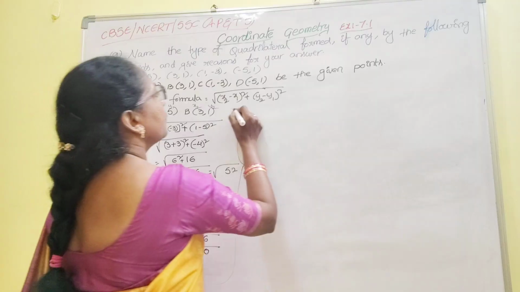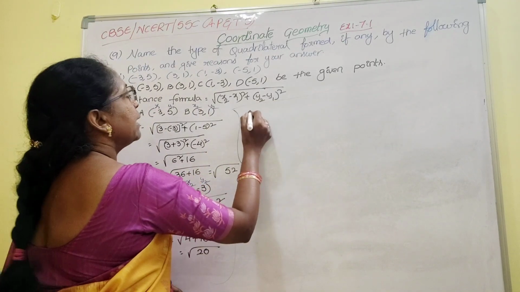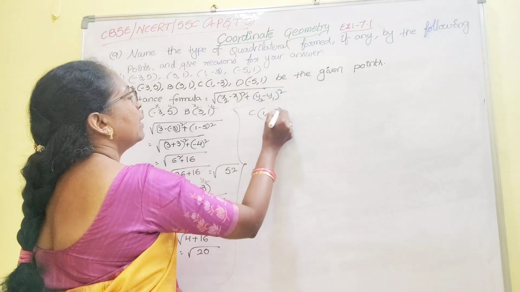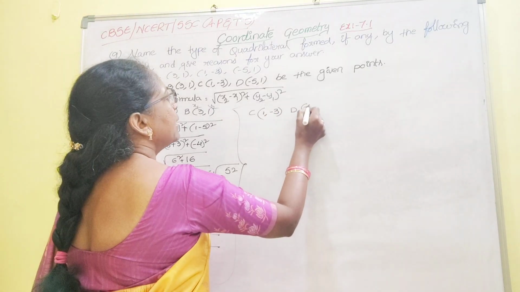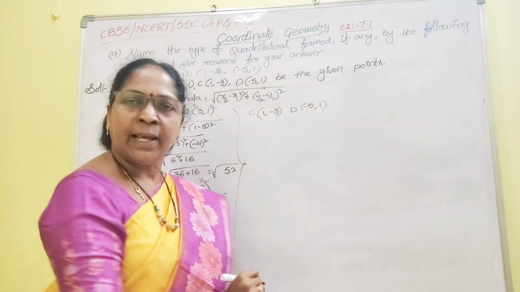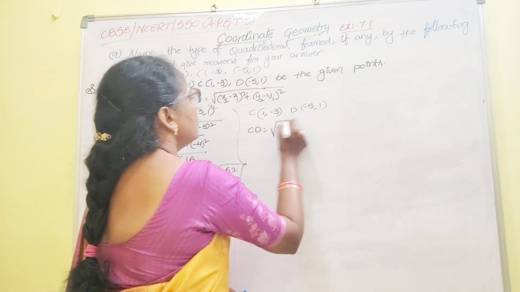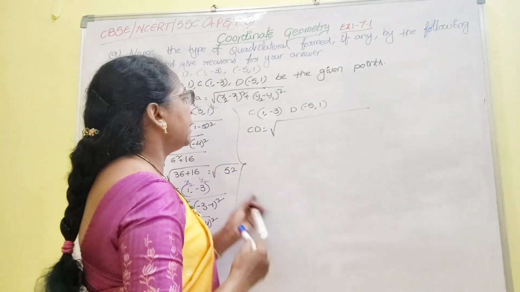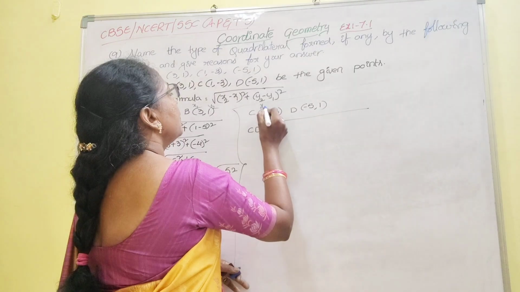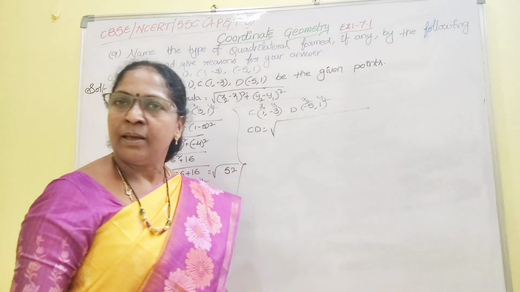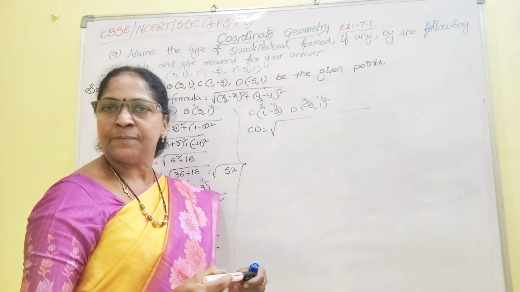Next, CD, where C is (1, -3) and D is (-5, 1). Again, represent x1, y1, x2, y2, then apply the formula and substitute the values.